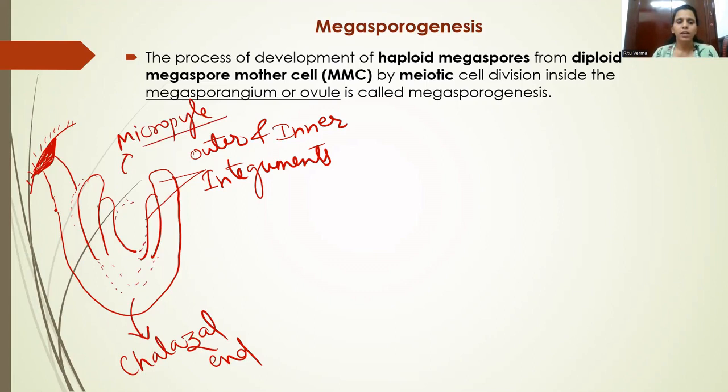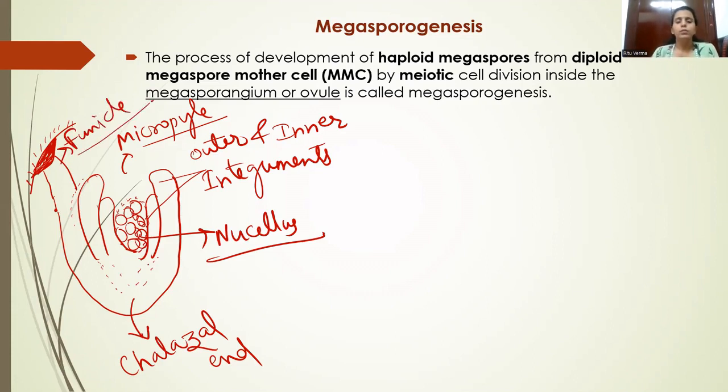Enclosed within these integuments, we have a mass of cells, and this mass of cells is known as the nucellus. Remember, it can also be called a tissue because all these cells are similar in structure as well as in function. And this first part which I told you initially is the funicle.